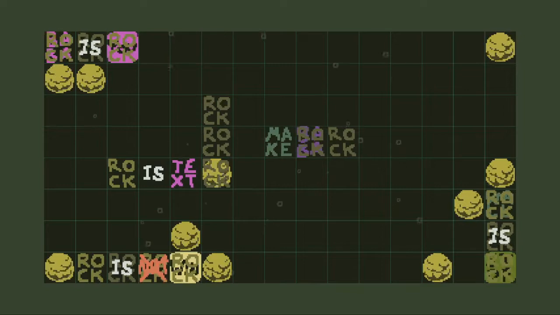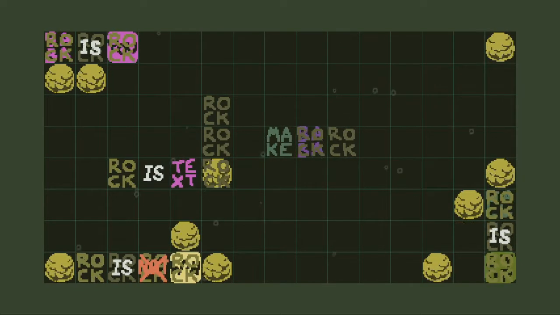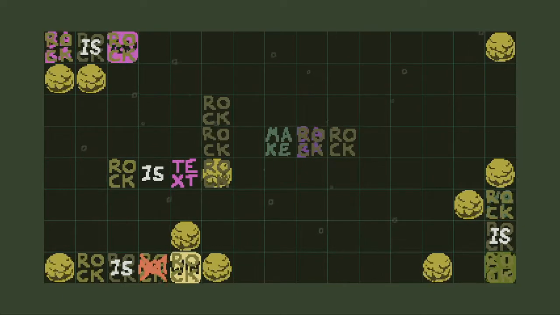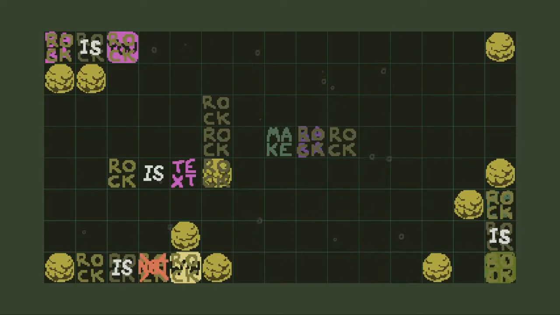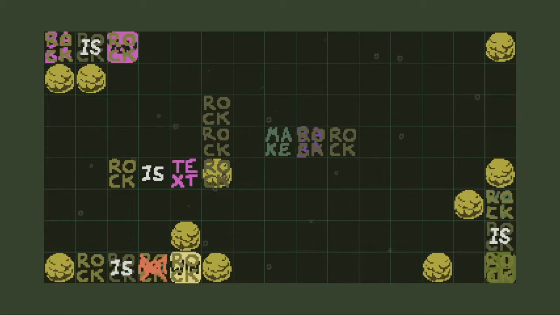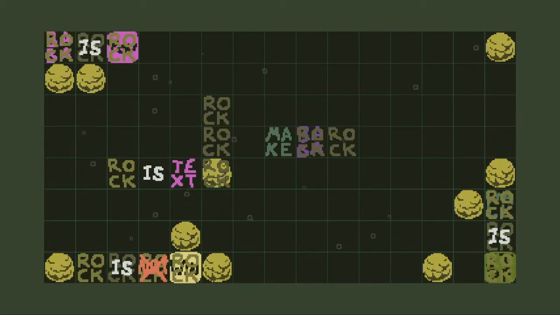And then at the bottom right, there was wall is rock, which changed all the walls back into rocks. And so I might have almost already solved it. Now, unfortunately, rock is stop, and there's still a rock above the word win. However, also rock is you.